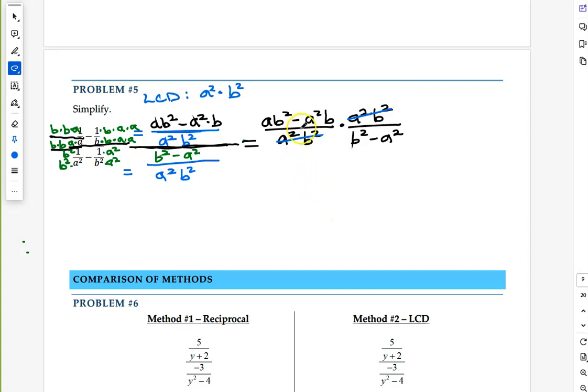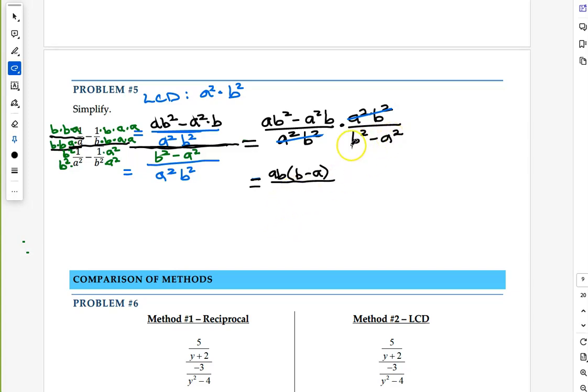Okay. And then we want to see what we can do to factor any of the remaining stuff there. So let's see, I'm going to go to black here. There's greatest common factors that could come out of this. I can see they both have an a and they both have a b. So ab can come out, and when I do that, I'm left with b minus a.